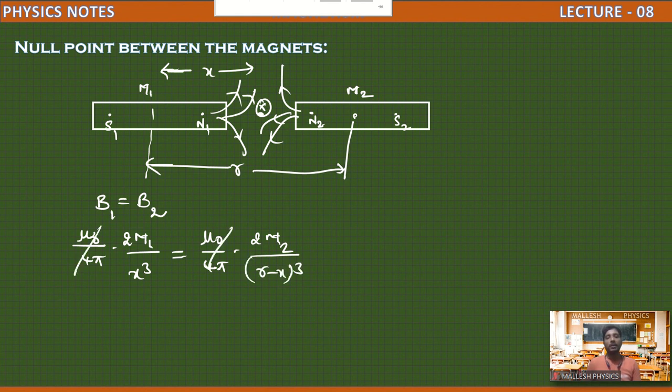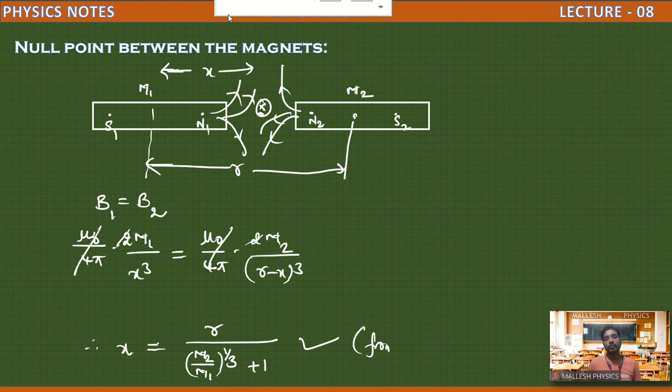Now if you simplify these two equations, you will get the x value: r by (1 plus (m2 by m1) whole power 1 by 3). This is the formula. This is from the first magnet.